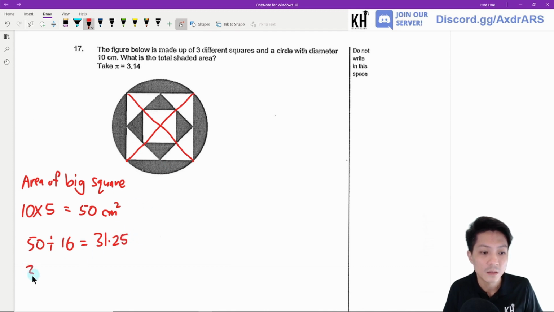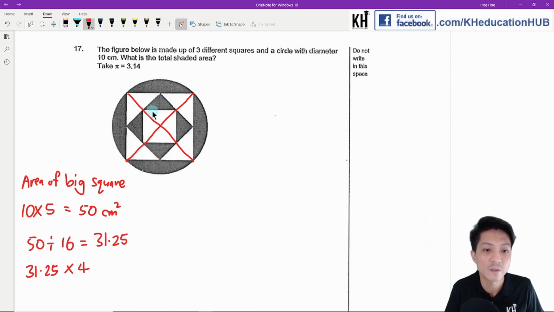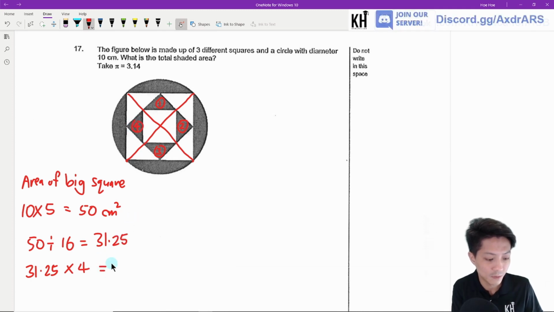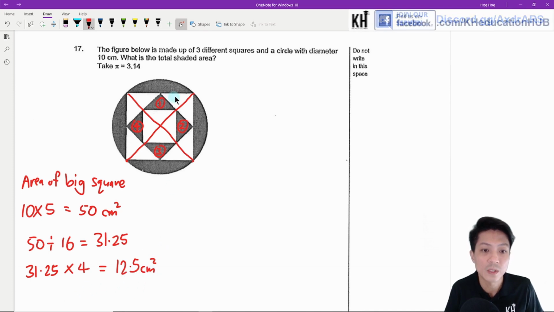So I'm gonna use 31.25 times 4 first, because there's 1, 2, 3, and 4, which is 12.5 square cm. So this will be the area of the four small triangles.